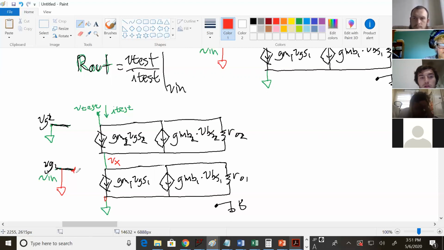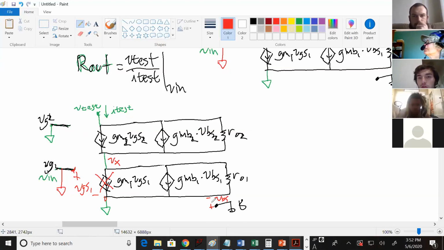If you write in the voltages, this is VGS1, gate is 0, source is 0, so VGS is 0 and this goes away. Then if you do the voltages here, VBS, source is grounded, bulk is grounded, so VBS is 0 and this goes away.